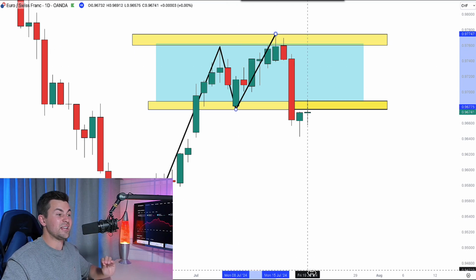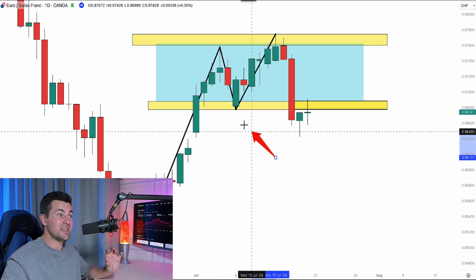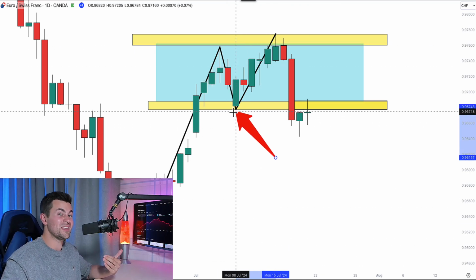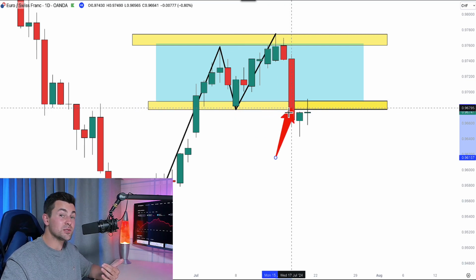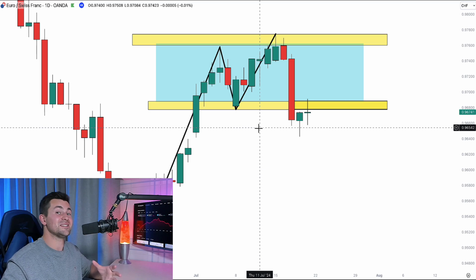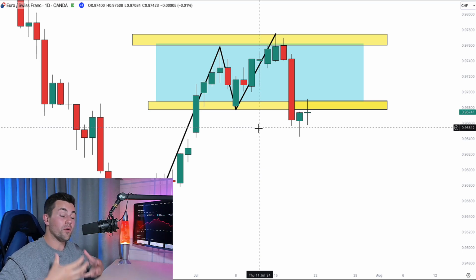And what we know is that in a bullish trend, the structure based on the last higher low is very important because its violation signifies the change of character.